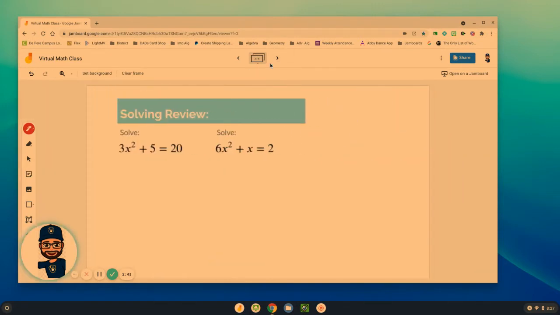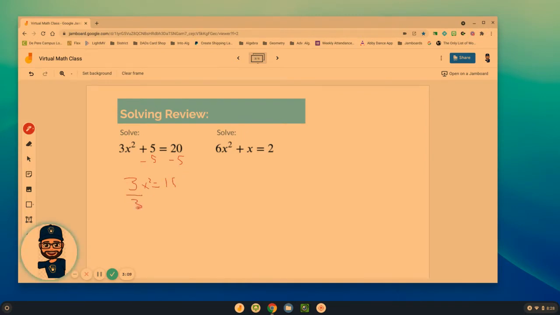Now, where we're going today is more about solving, and what we've done in previous chapters and lessons on solving. In this first example, our first step is going to be to subtract 5. After we subtract 5, we've got 3x squared equals 15.